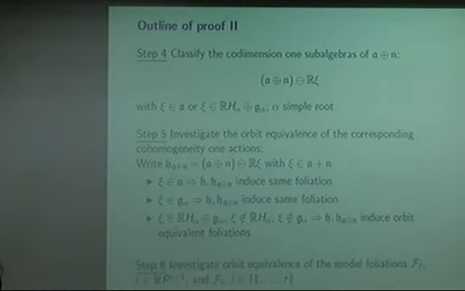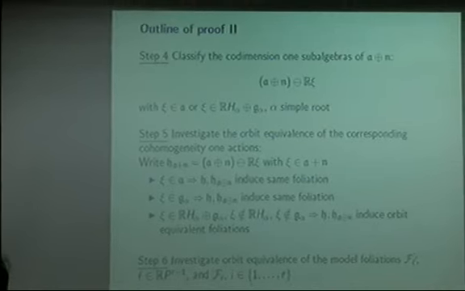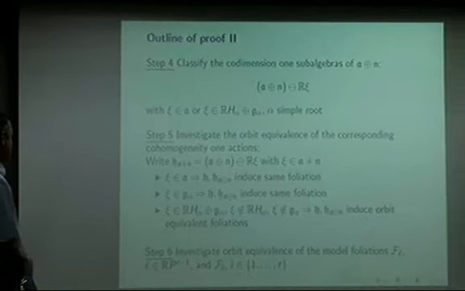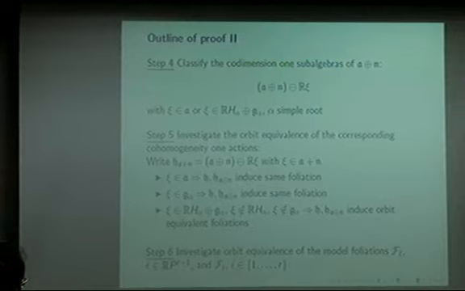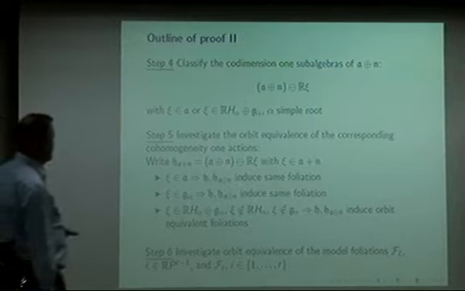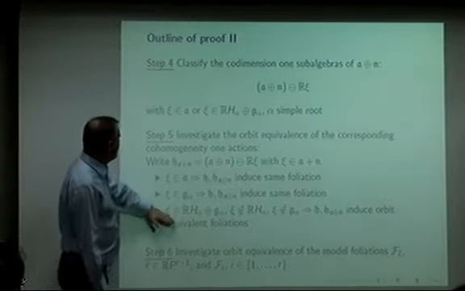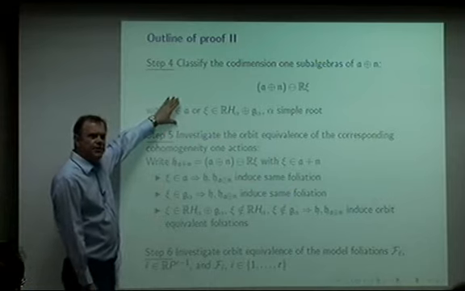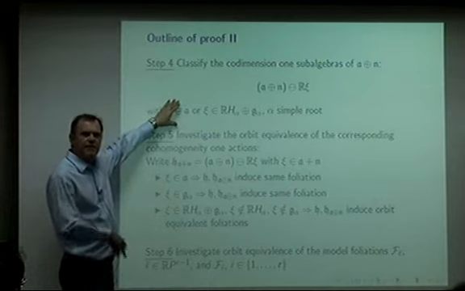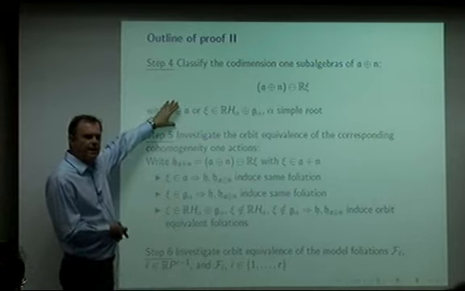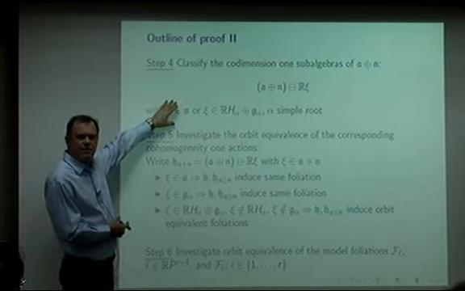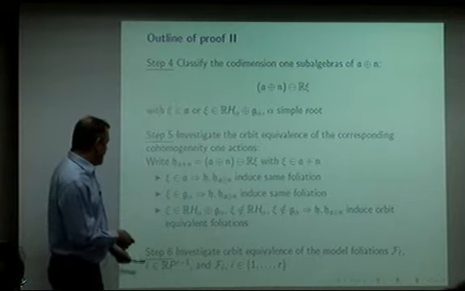And eventually, and this is the most difficult and longest part of the classification, we have to investigate the orbit equivalence of these model foliations we get. So this tells us we actually can restrict to these foliations here, and then we have to investigate what the isometric congruence classes of these are.